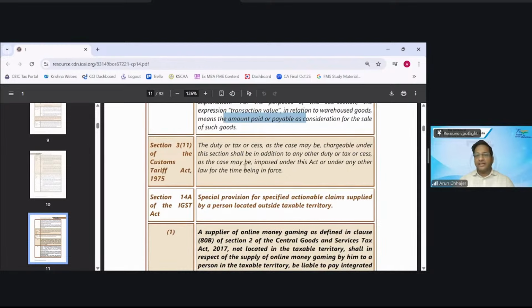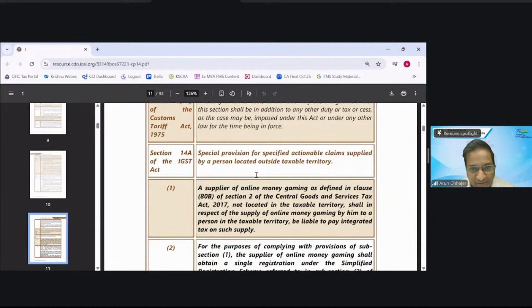The duties or taxes or cess, as the case may be, chargeable under this section shall be in addition to any other duties or taxes or cess imposed under this Act or under any other law for the time being in force.